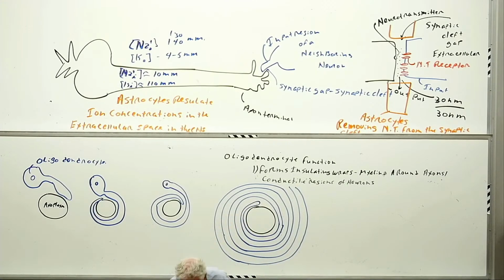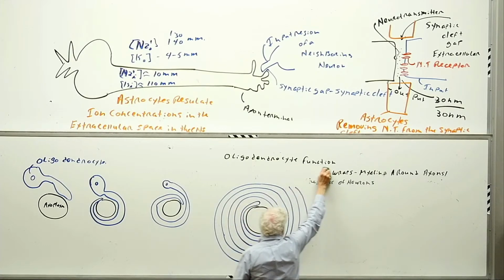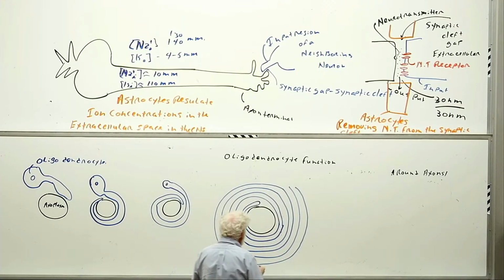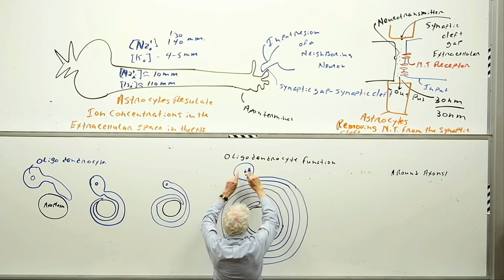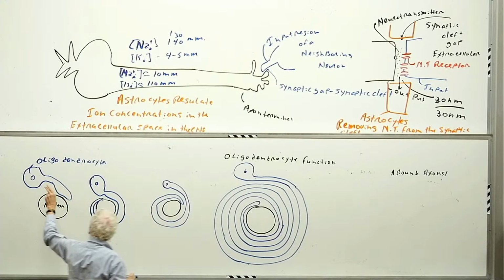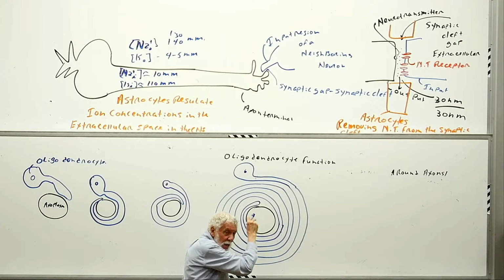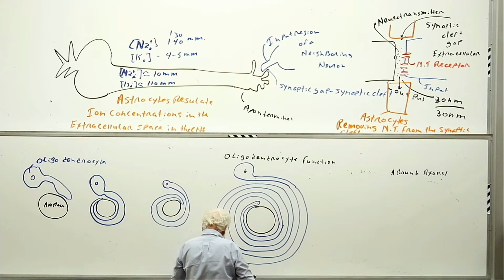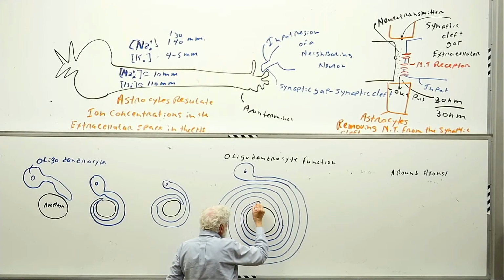Put some space. So this is the original cell body of the oligodendrocyte. Now let's find our way into the cytoplasm and walk our way back. So here's the cytoplasm. I'm going to draw it in orange. So this is the cytoplasm.